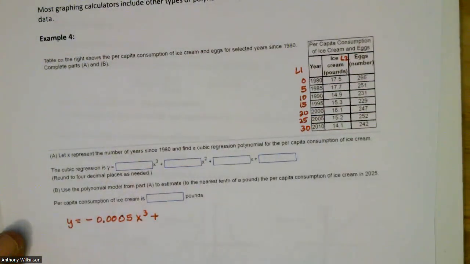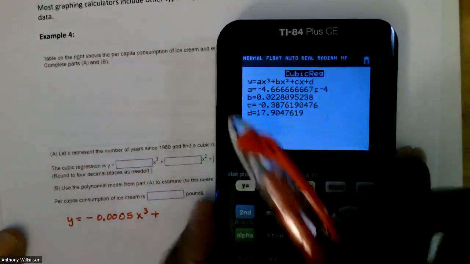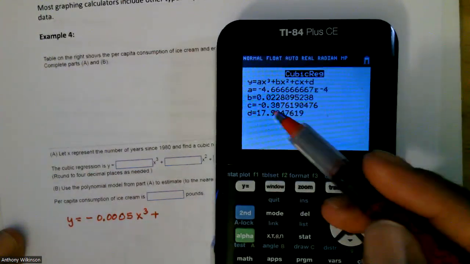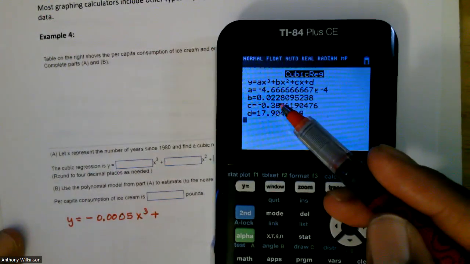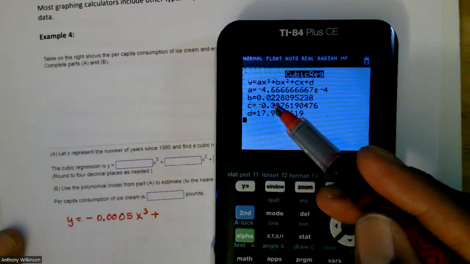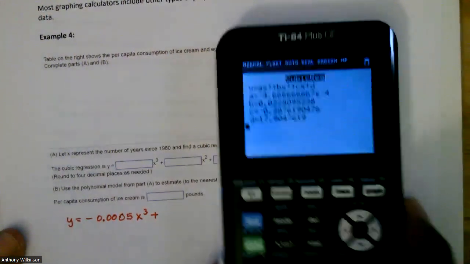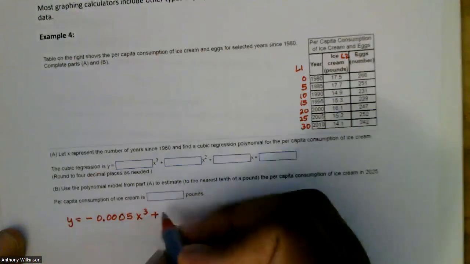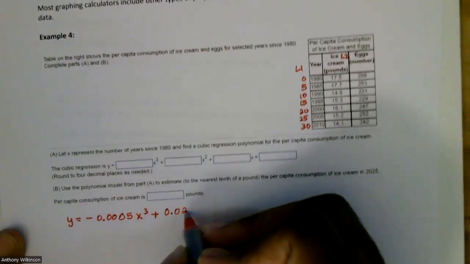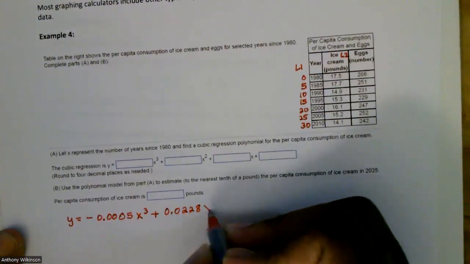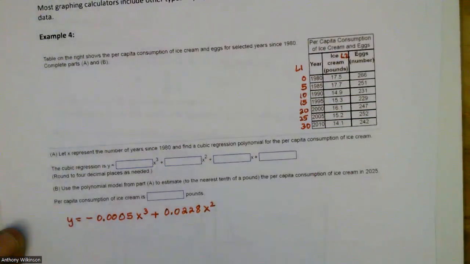And then what's for x squared? That's going to be the b. To 4 decimal places, that would be 0.0228 x squared.